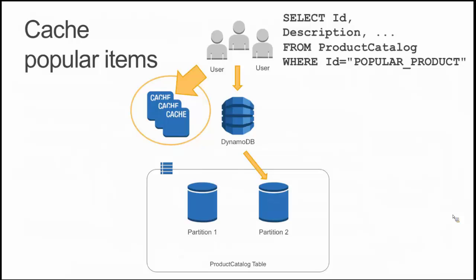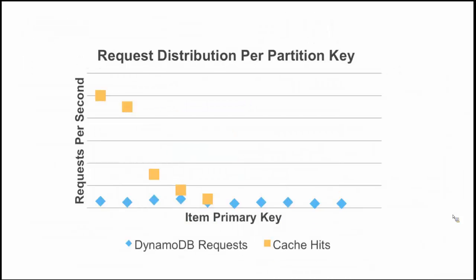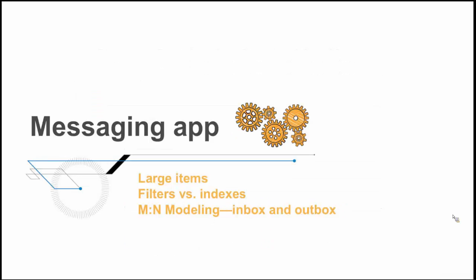But the idea here is that I'm not going to be hitting the table anymore. I'm going to be hitting the cache on those reads. And then I might use something like Lambda to read updates to those records and then synchronize the cache to what I have in the database, right? So that's a great way to deal with that kind of spurious traffic and high velocity reads: put that cache up in front of the database.